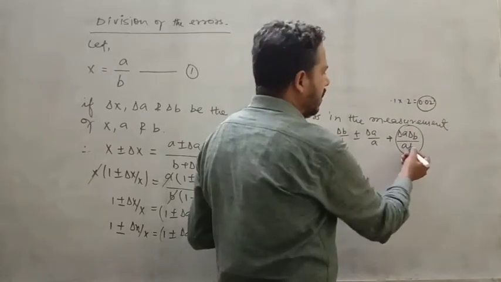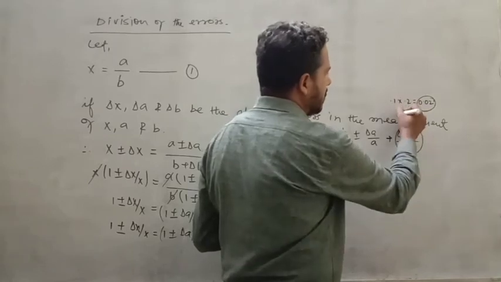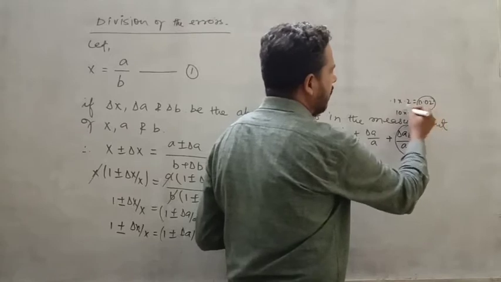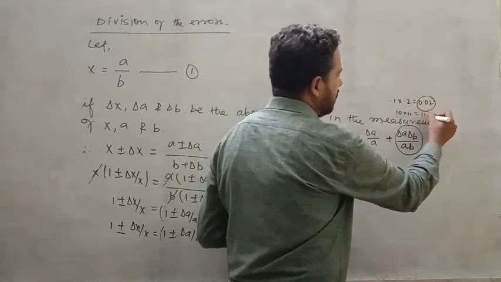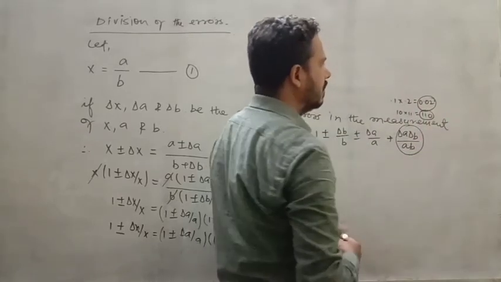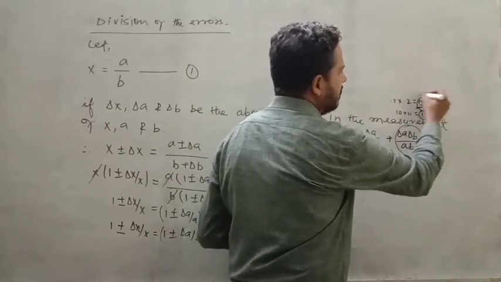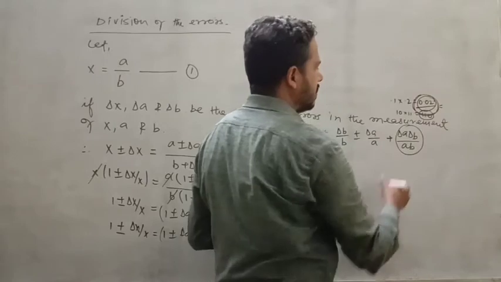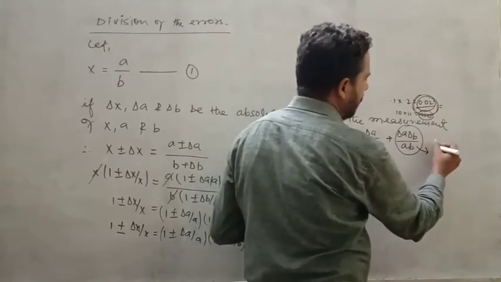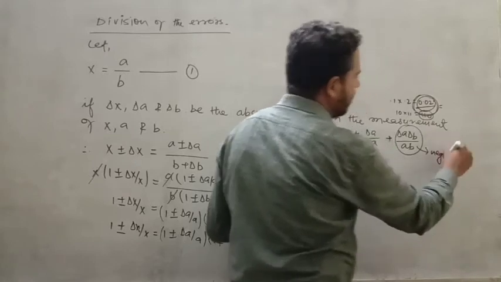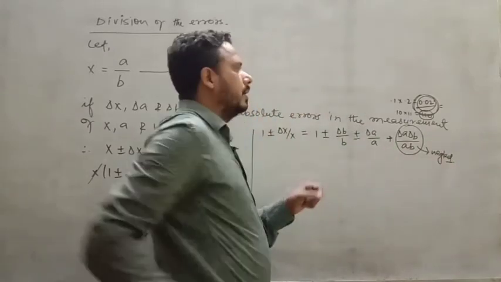And if you multiply 10 by 11, that would be 110, which is much greater. After division of this one by this one, it becomes very small, so that is why this factor will be neglected.